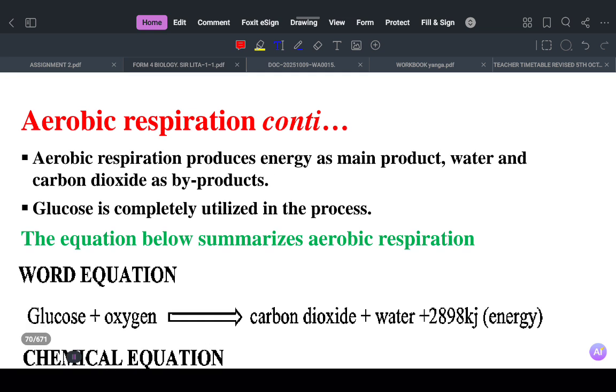We continue looking at aerobic respiration. Aerobic respiration produces energy as the main product. So we are saying the main product of aerobic respiration is energy. They may ask you, state the main product of aerobic respiration. It is energy, right?